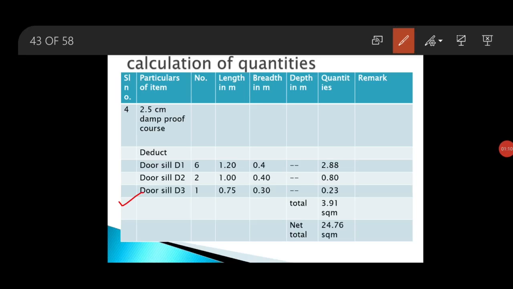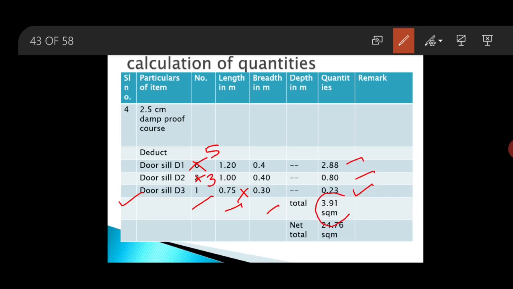Here door sill, write down D3, number is 1. Dimension length is 0.75 and width of the plinth is 0.3. Then by multiplying these 3, we will get the quantity as 0.23 square meter. Okay. Then you have to add all these deductions.